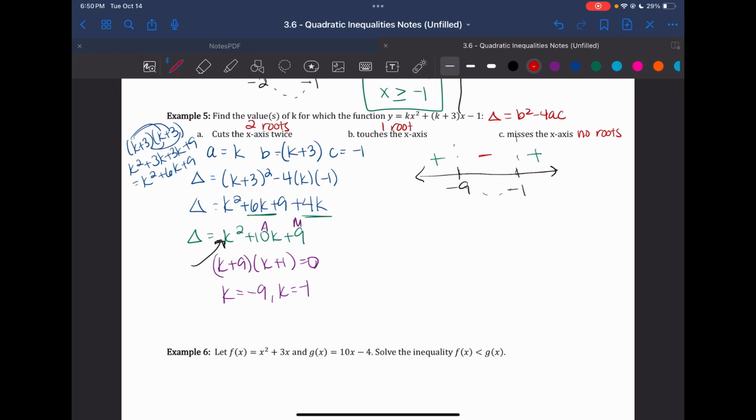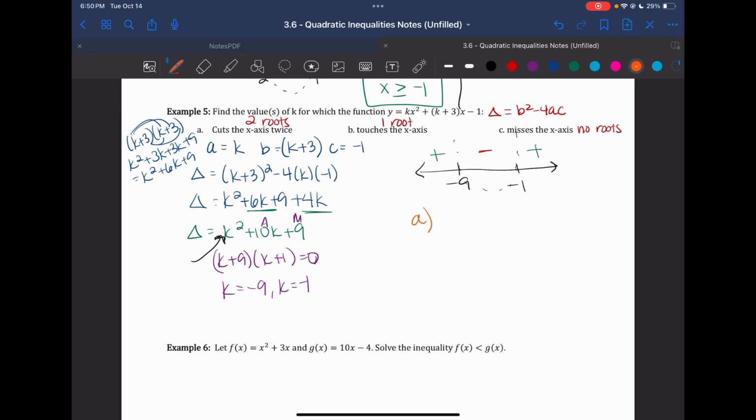Now, to summarize, we need to figure out letter A. When would it cut the axis twice? Well, that's when the discriminant is greater than 0. That's a fact we learned last time.